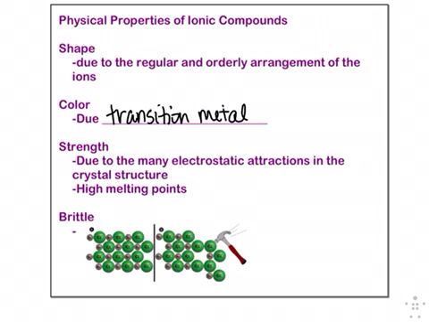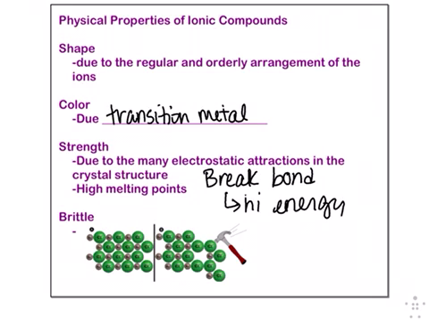This gives ionic compounds very high melting points. This is because in order to melt something, you need to break bonds. And so it requires a lot of energy to break the bonds between ions in an ionic compound.